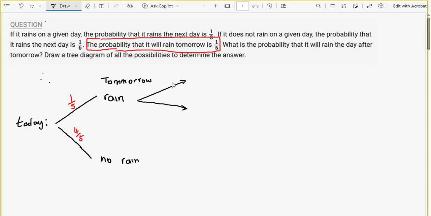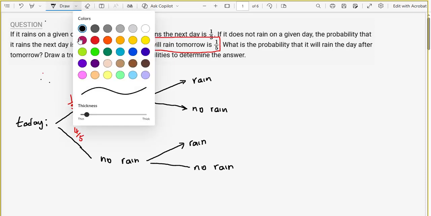It's either the day after tomorrow we're going to have rain if tomorrow it rains, or no rain if tomorrow it rains. Or if tomorrow there's no rain, the day after tomorrow there'll be rain, or also no rain. Are you following? Yes, sir. Do you understand the pattern? Yes, sir. Okay, so now let's fill in the probabilities.